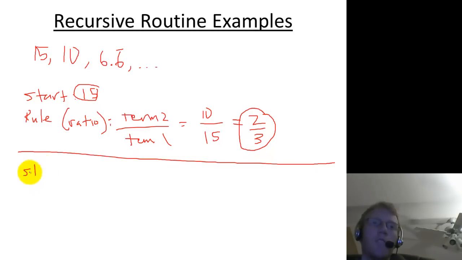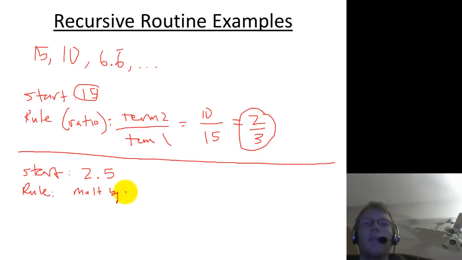What if I give you start at 2.5, and the rule is going to be multiply by, I don't know, negative 1/5. That could be tricky, right? So start with 2.5, write that down. Multiply by negative 1/5.